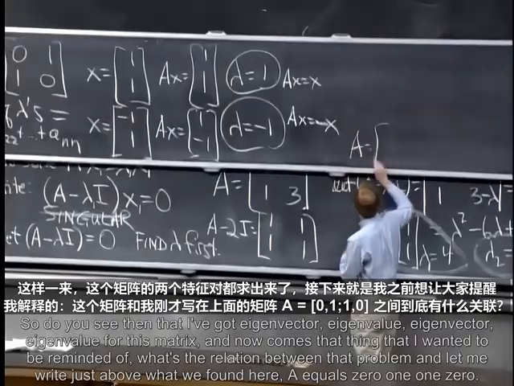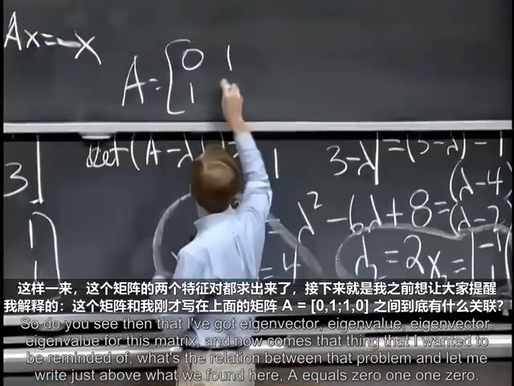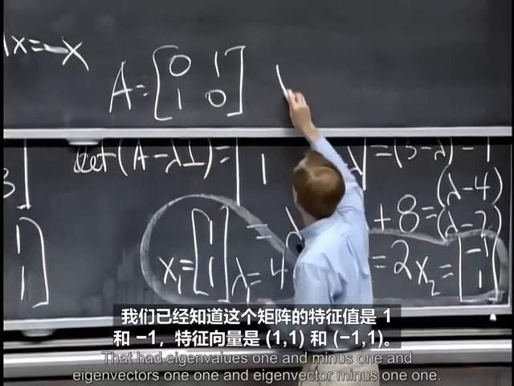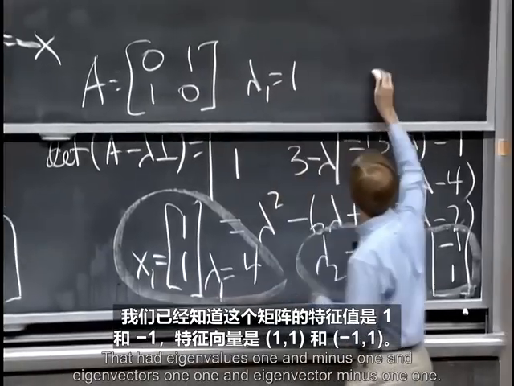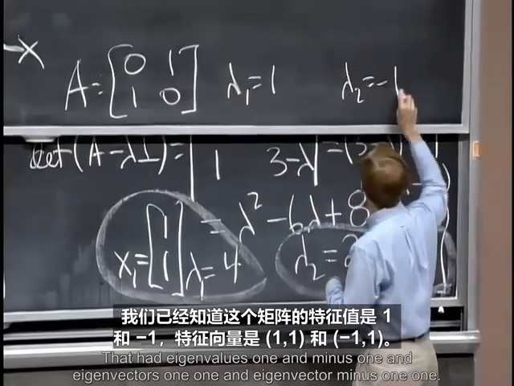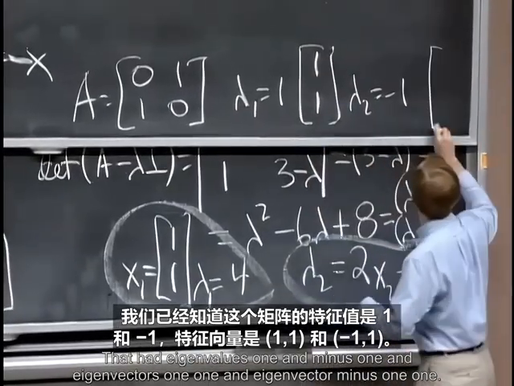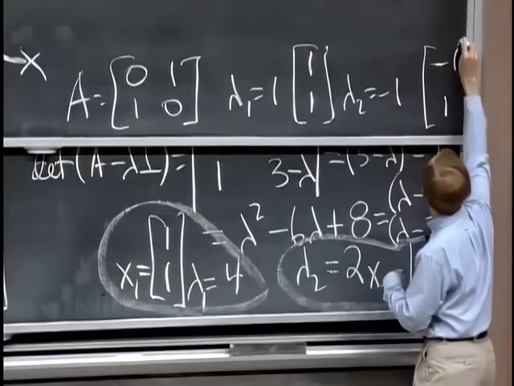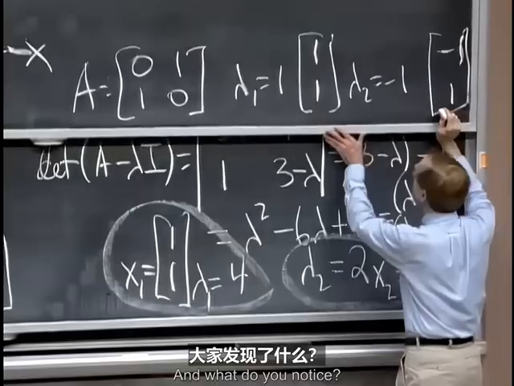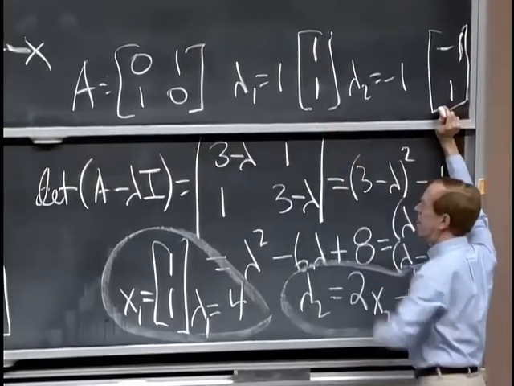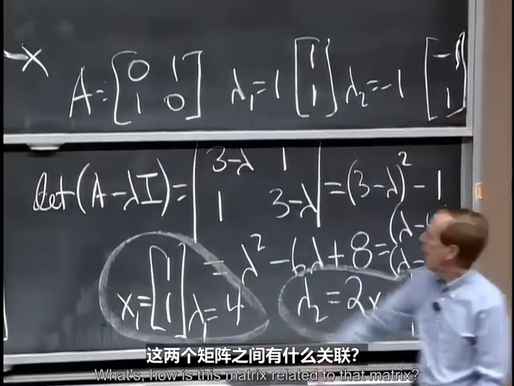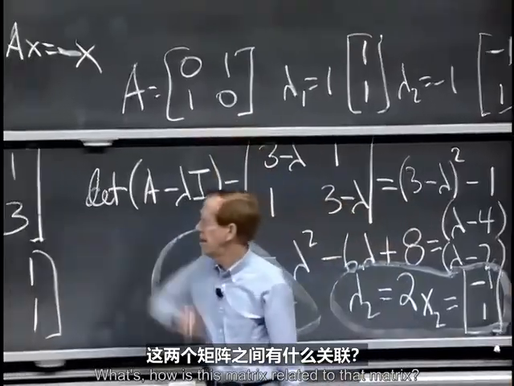That had eigenvalues 1 and minus 1, and eigenvectors 1, 1 and minus 1, 1. And what do you notice? How are those two matrices related?